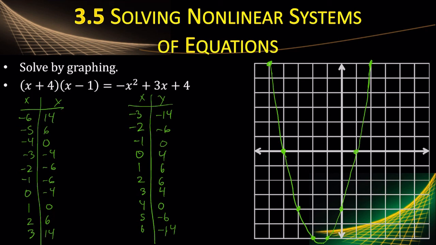So -2, -6, -1, 0, 0, 4, 1, 6, 2, 6, 3, 4, 4, 0, and 5, -6. So draw that one.